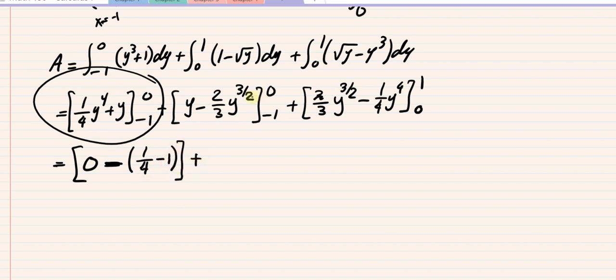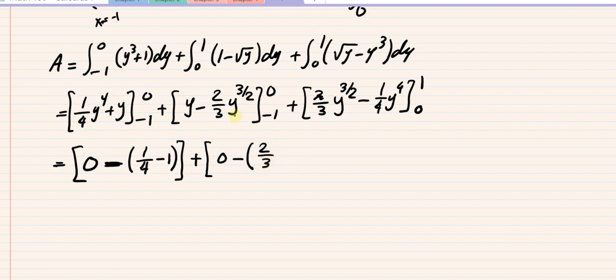Plus the middle one now. The upper limit 0 gives 0 minus the lower limit, make it 2/3, and again y to 3/2 is the square root of y cubed.